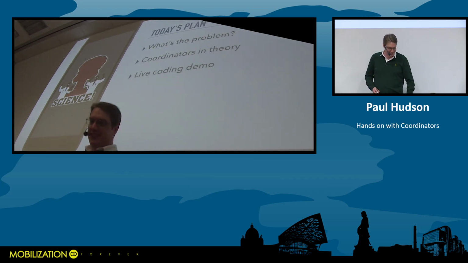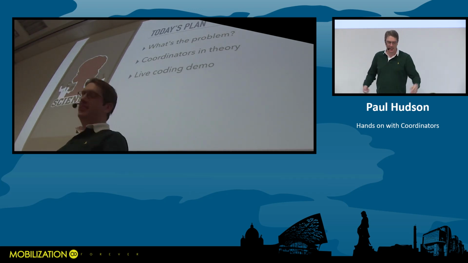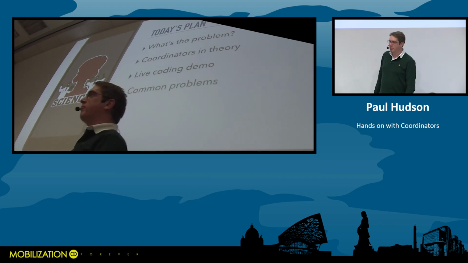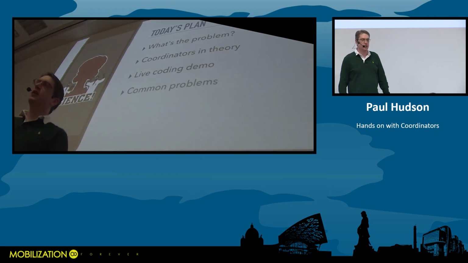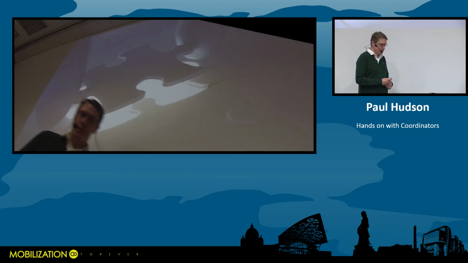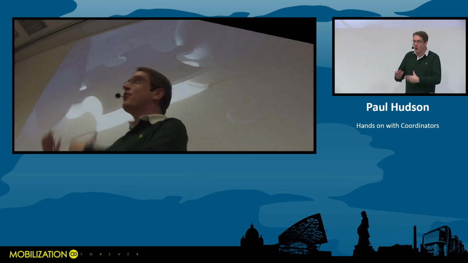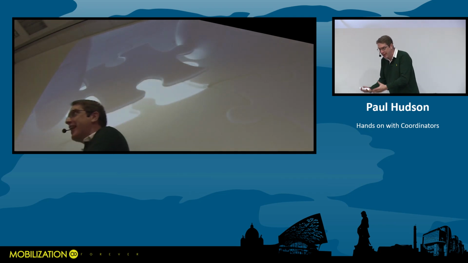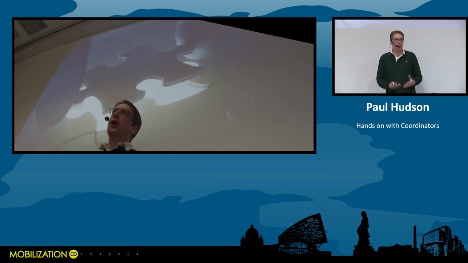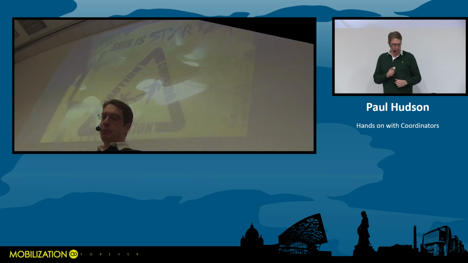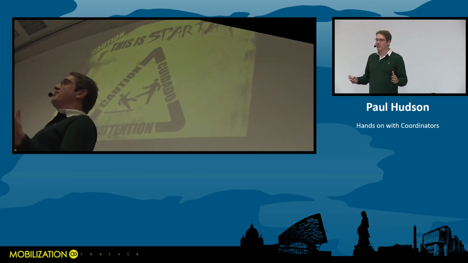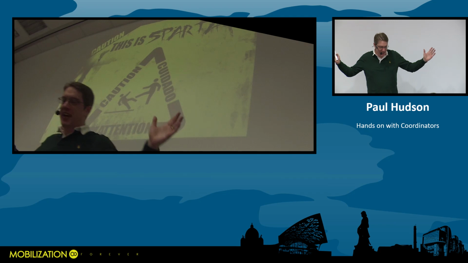You can all wait, right? You're in a rush. Then we'll look at some common problems people hit when they use coordinators. By the end, I hope you've got a broad cognitive framework you can take away and apply to applications and start using, or at least have some good questions to ask to use it in the future. Again, there is live coding. Bear with me. We'll just figure it out.